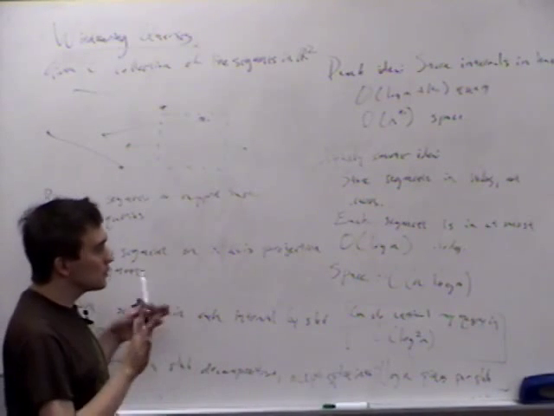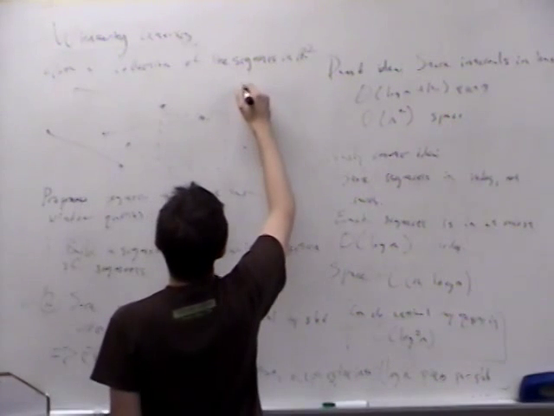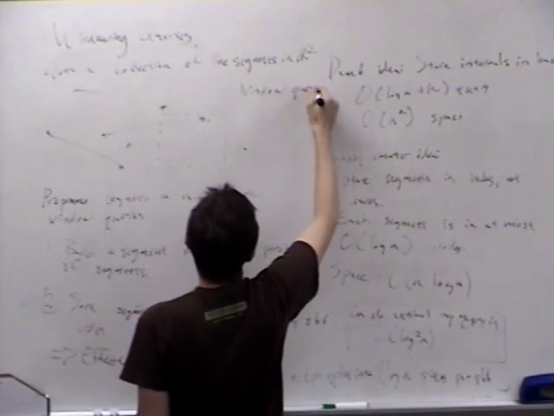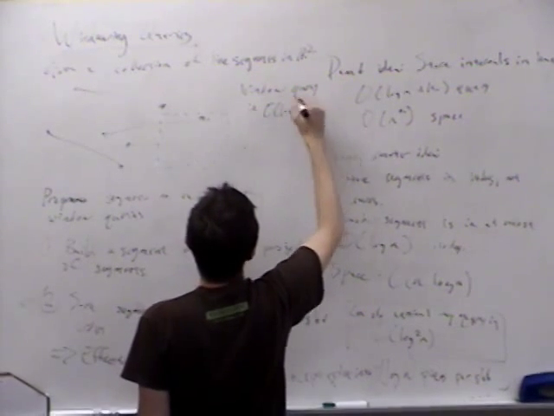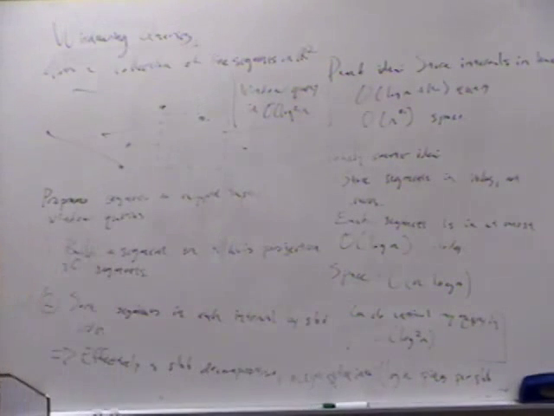So the cost of doing the window query is order log squared n. And that's really the main application for this data structure, actually, even though it's often introduced alongside interval trees.